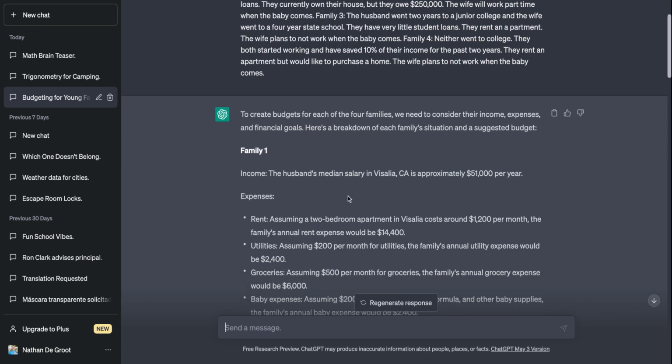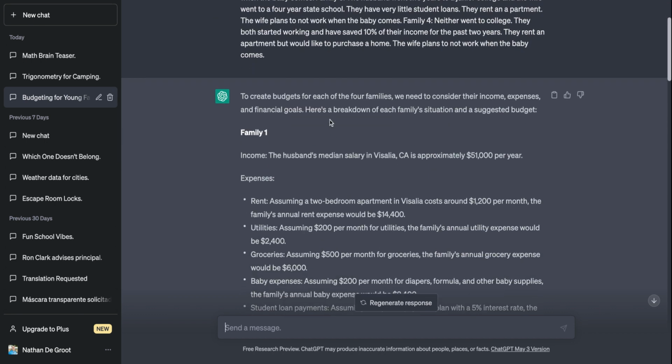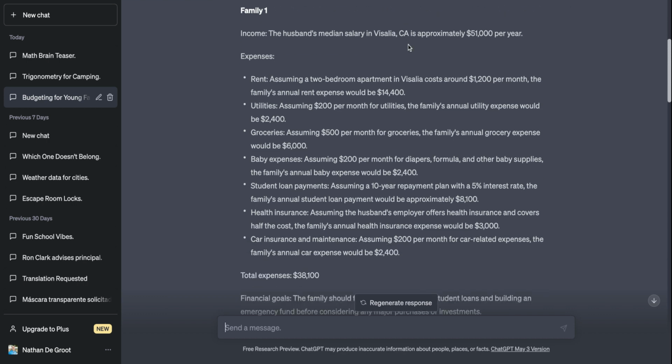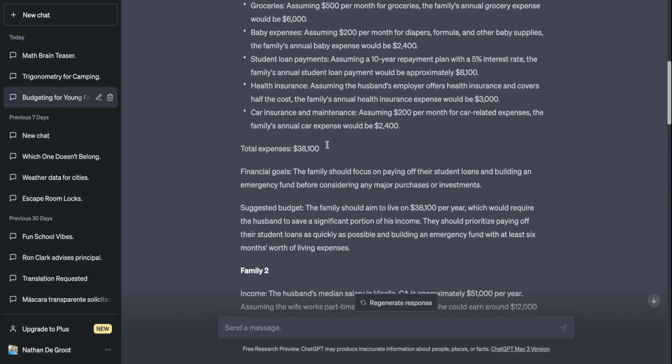And I could ask ChatGPT to be more specific with this, such as to put it in a spreadsheet format with different columns and things like that. But it's kind of taking some information regarding the average cost of living and things like that and putting the expenses right here.